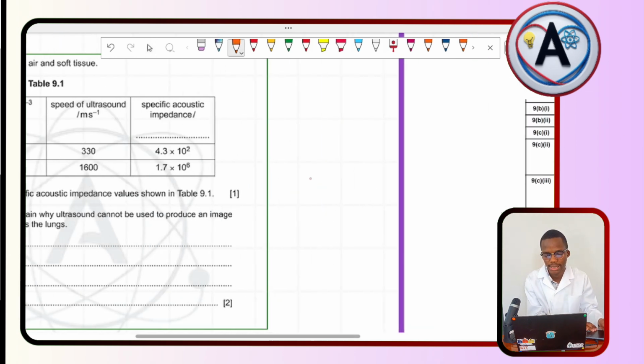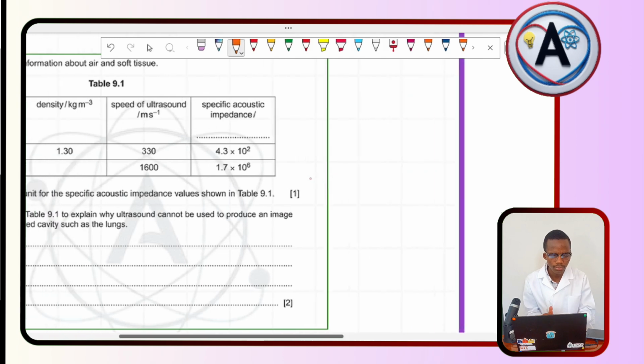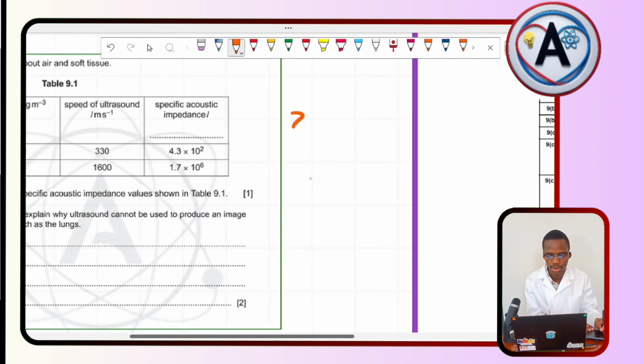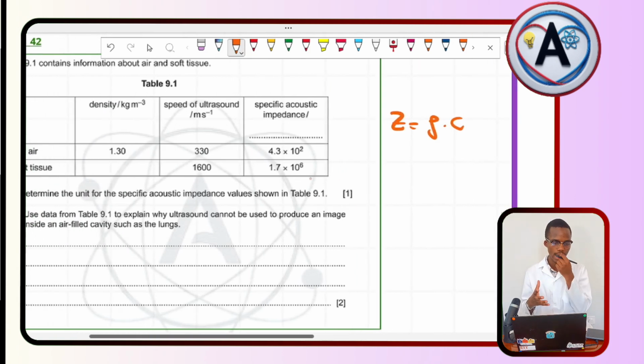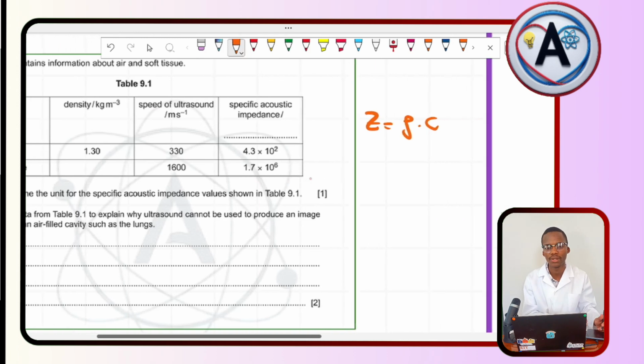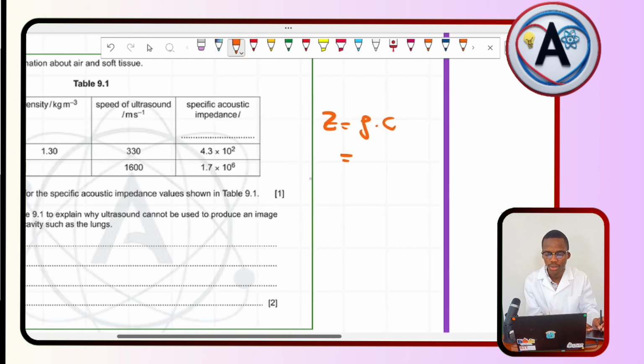So Z is going to be equal to density multiplied by the speed of sound. And your goal is to find the units themselves rather. Okay, so the units of density are kg m to the power of -3.